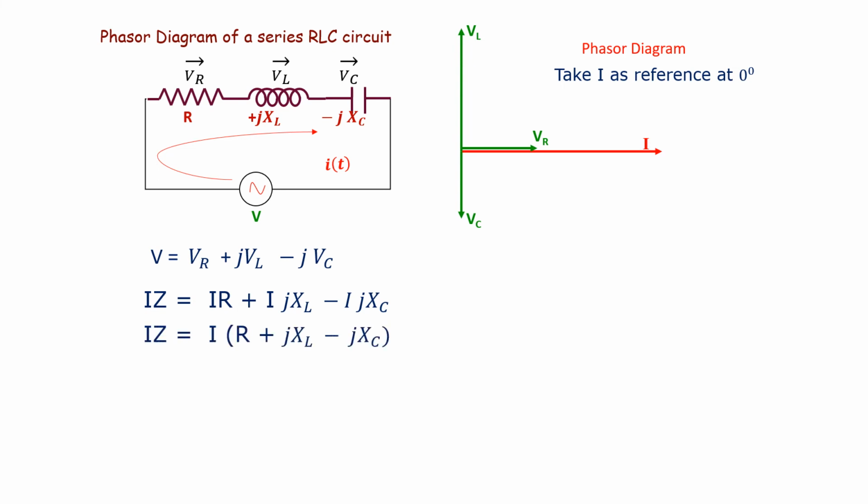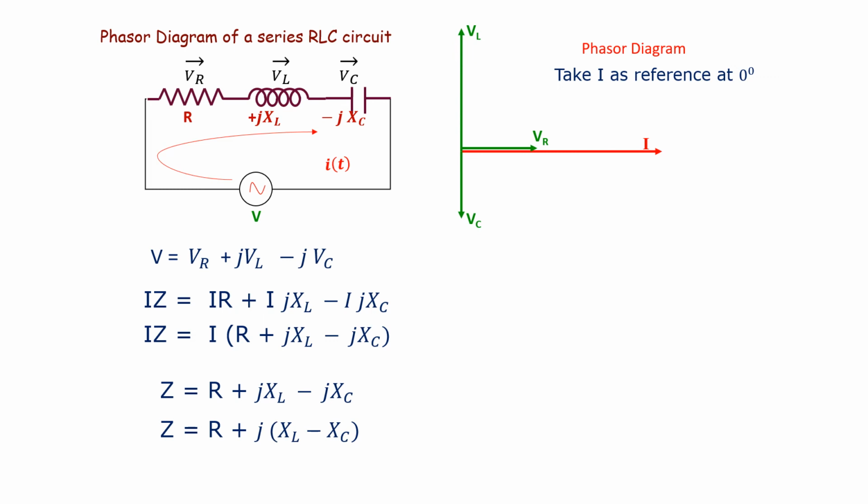Now taking I as common, we get it as I into R plus JXL minus JXC. From this, by cancelling I on both sides, we get Z is equal to R plus JXL minus JXC.